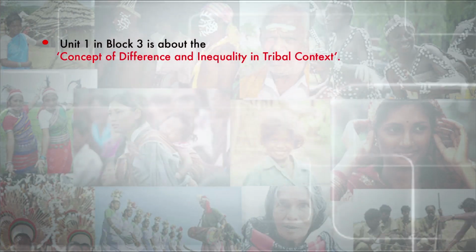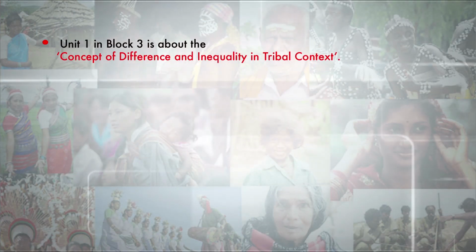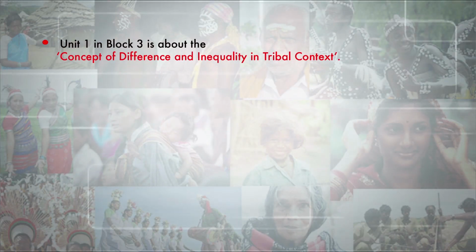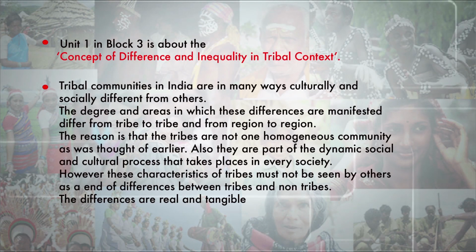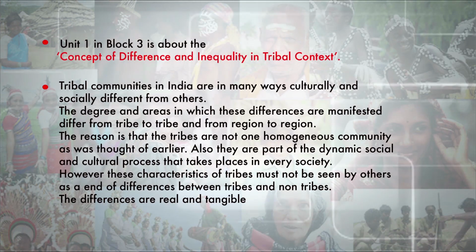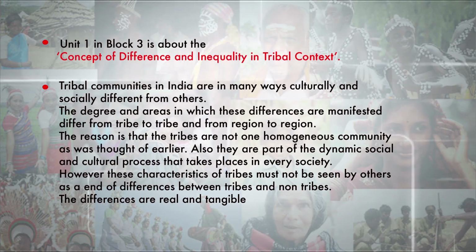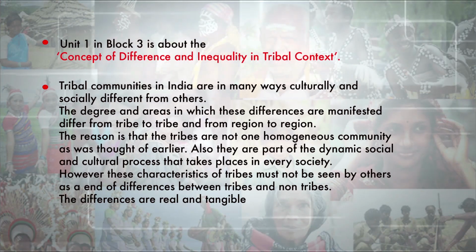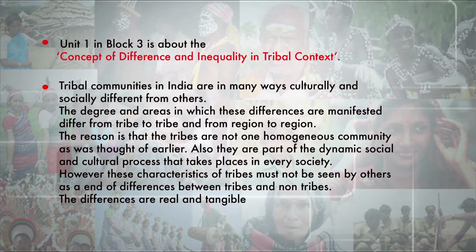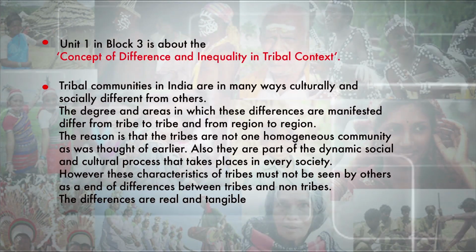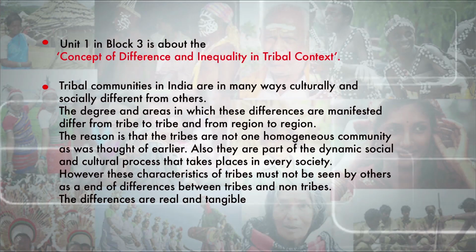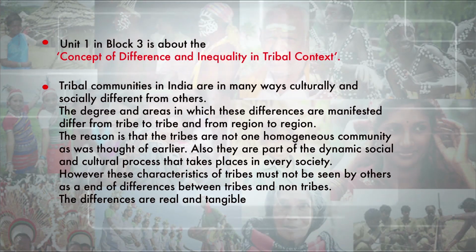Unit 1 in Block 3 is about the concept of difference and inequality in tribal context. Tribal communities in India are in many ways culturally and socially different from others. The degree and areas in which these differences are manifested differ from tribe to tribe and from region to region.